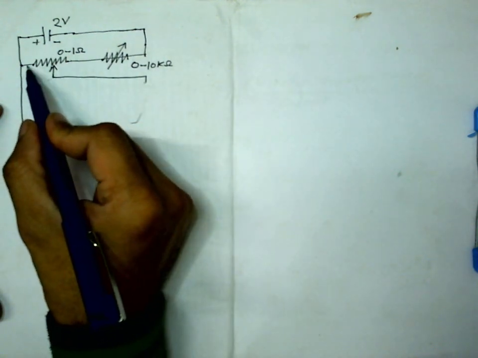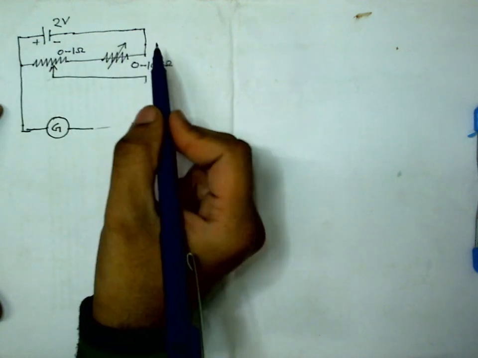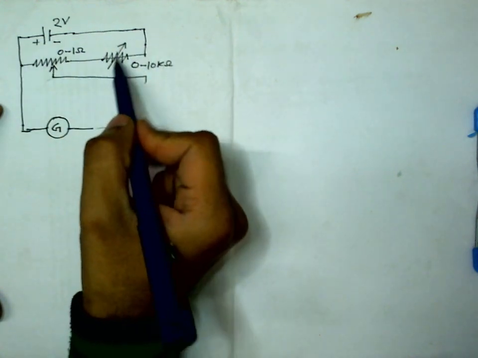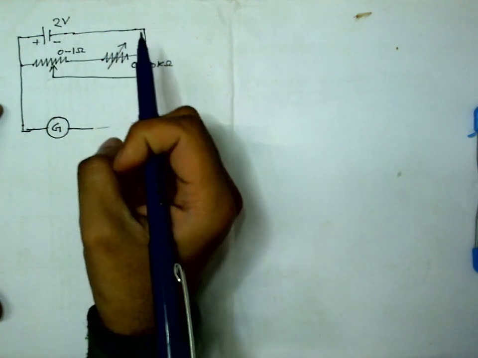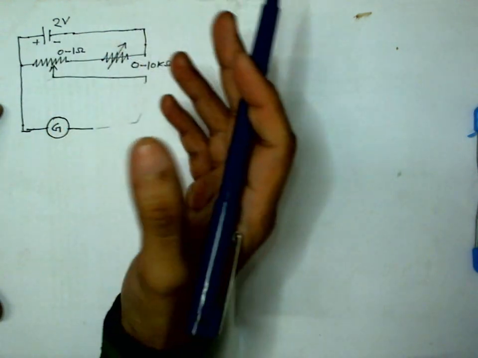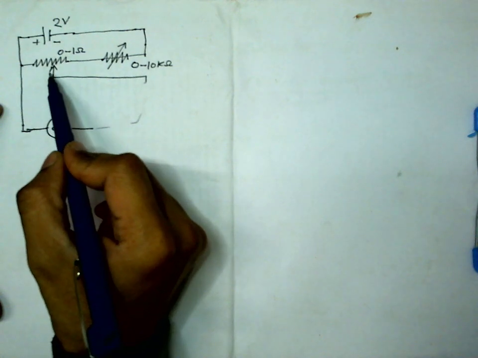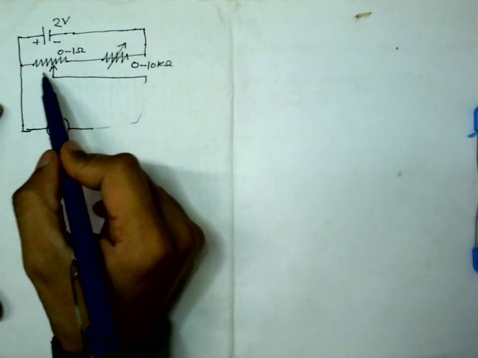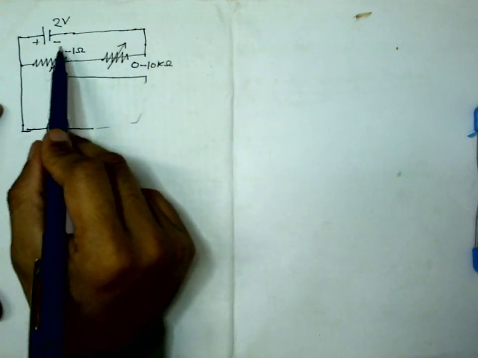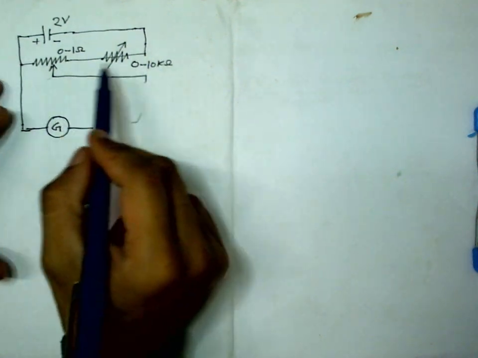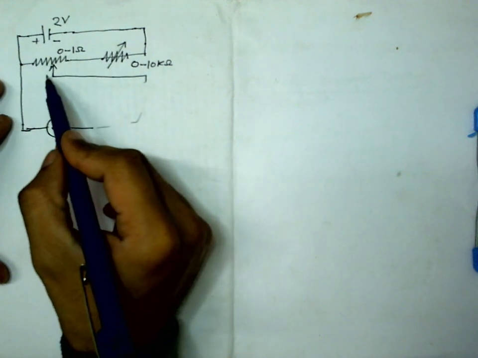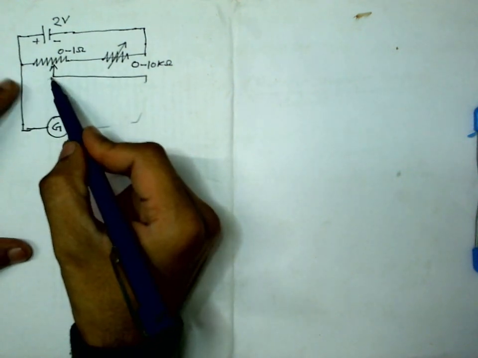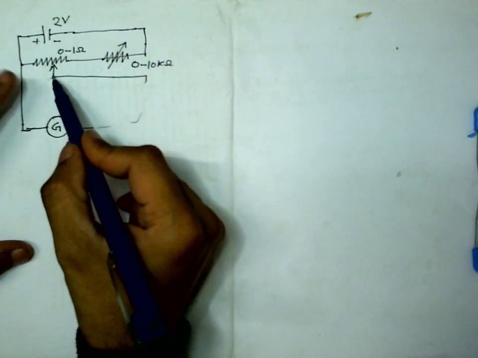So this resistance helps us in changing the current in a coarse way, in large steps, and this resistance box helps us in changing this potential in small steps or something like that. So these two together you can adjust to adjust the voltage that will appear across these two terminals.